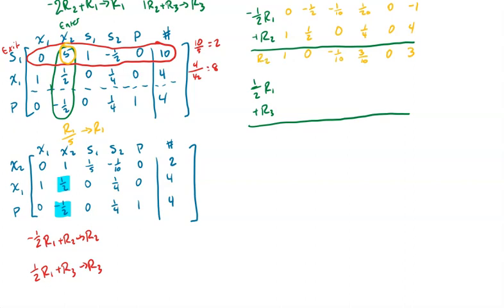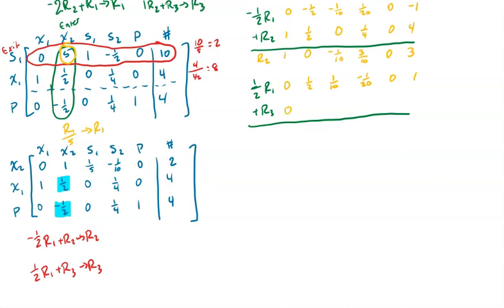All right, let's figure out the other operation. So luckily, 1/2 times row 1, we already did negative 1/2 times row 1, so it's just going to be those same numbers, but opposite signs. So 0, 1/2, 1/10, negative 1 over 20, 0, and positive 1.